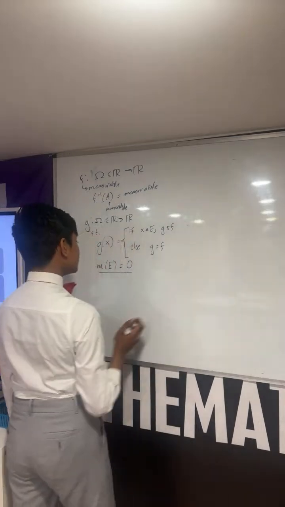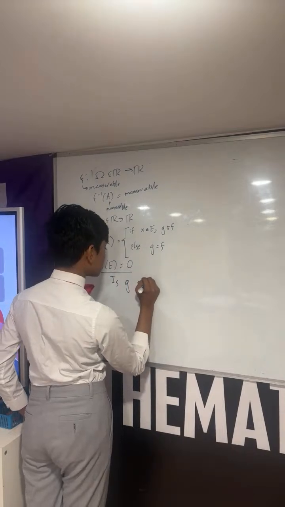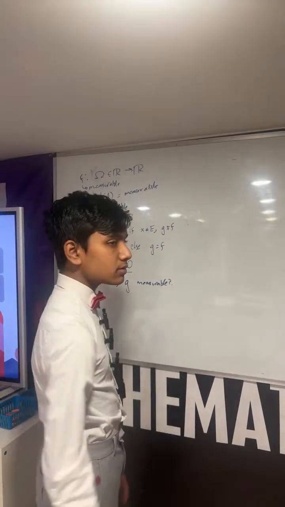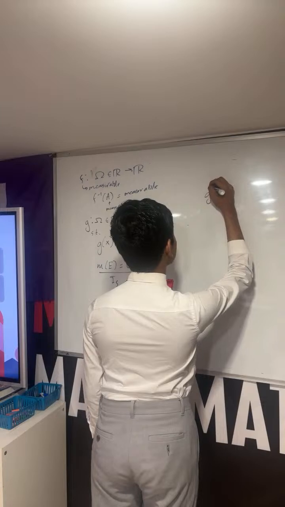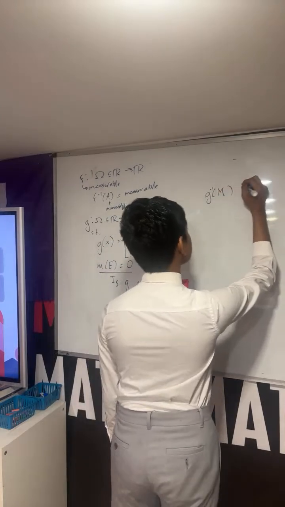But the big question is, is g measurable? Well, the requirement for g being measurable is that the preimage of any measurable set M over g is also measurable.